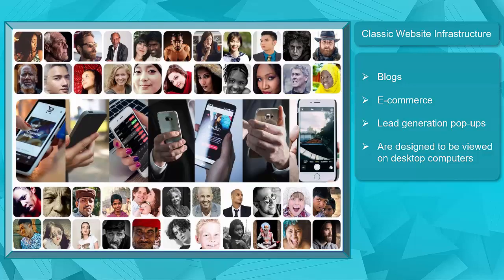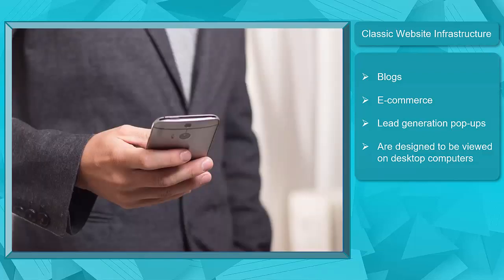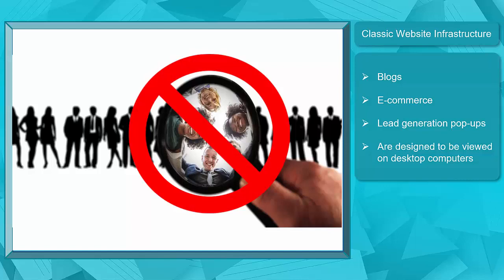They are not yet optimized for mobile devices, so we must adapt to the trend since most of our potential leads and customers are using their mobile phones to check out websites. If they won't see your call to action button on your pop-ups, you will waste most of your potential leads who are using their mobile devices.